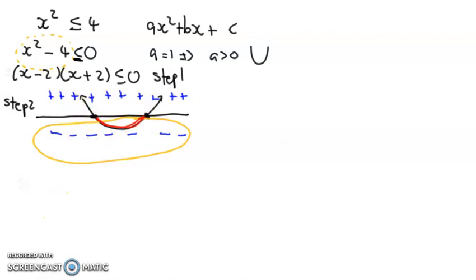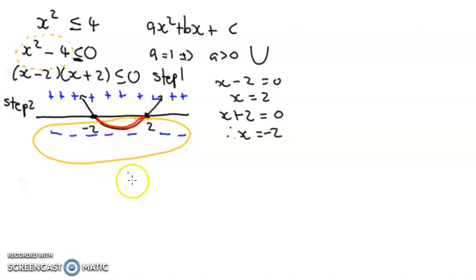So what you want to do is to find these roots first before you can answer the question. So now let's find the root. We have x minus 2, so x minus 2 is equal to 0, and therefore x is going to be 2. So we have 2 there. And we have x plus 2 is equal to 0, therefore x is going to be equal to -2. We have -2 there. So that's going to be step 3.